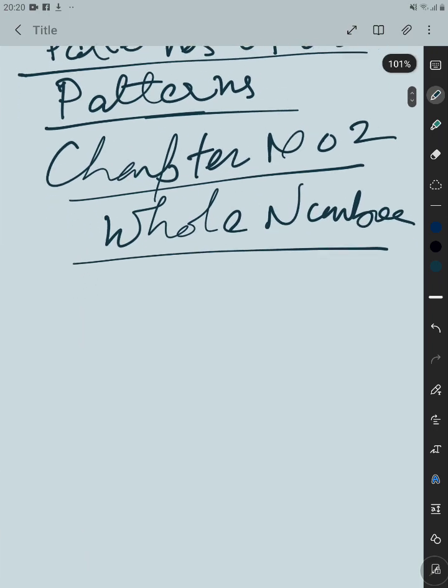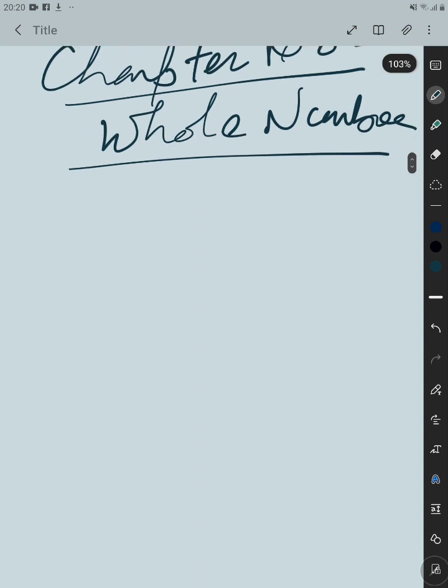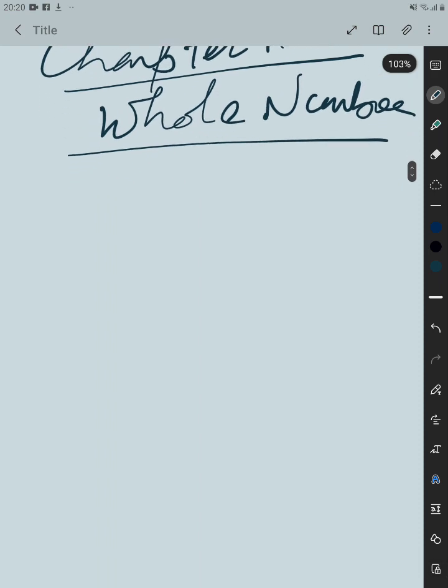So in the same chapter we will talk about some patterns, and we'll start with the pattern from 1 and 2 and 3 and 4 and 5. First, the pattern that we are talking about over here is the dot patterns. Dot patterns means dots and dots and dots.